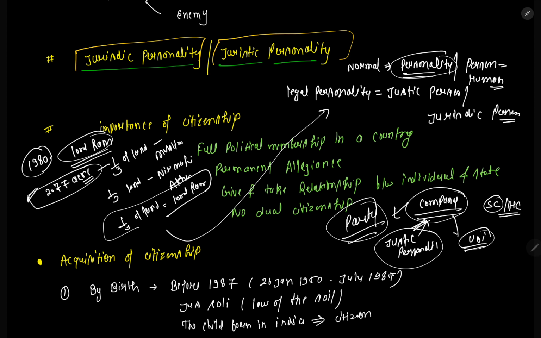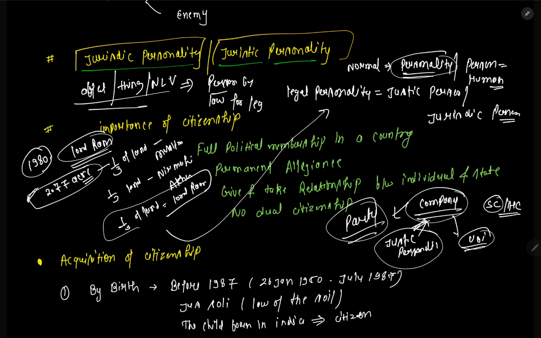Clear? So if I want to give some more definition, what will I say? Any being or object which is treated as a person by law for legal purposes. Means if there is any object or non-living thing which is treated as a person by law, for what?